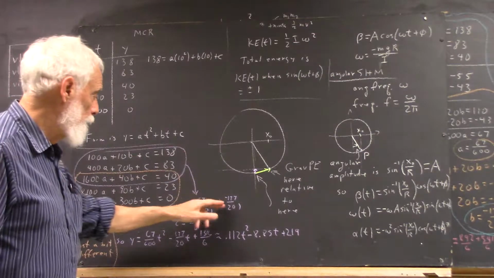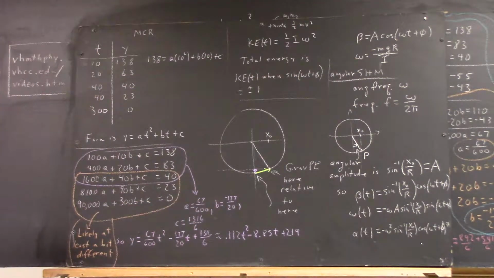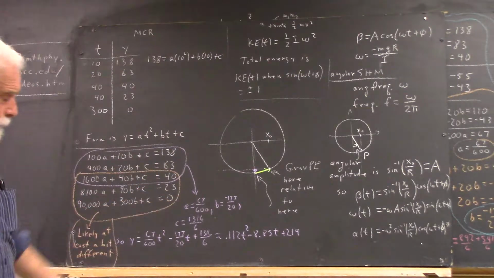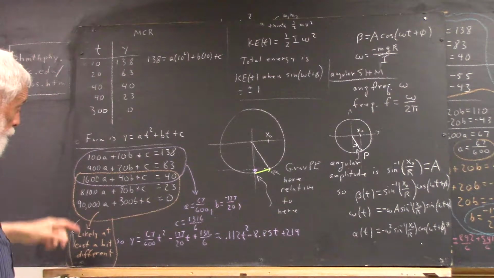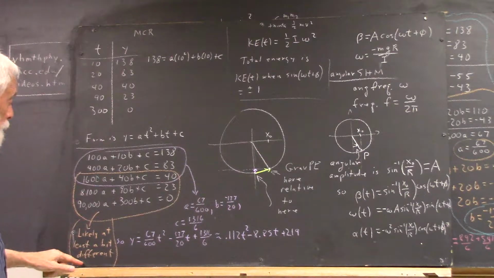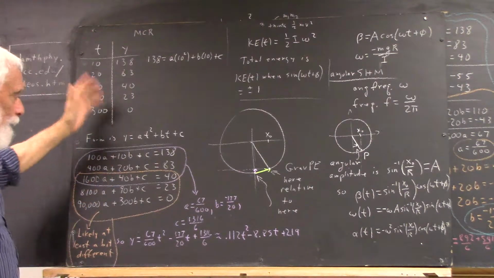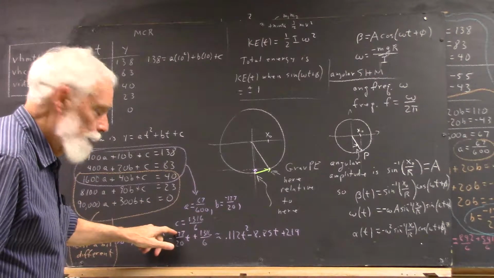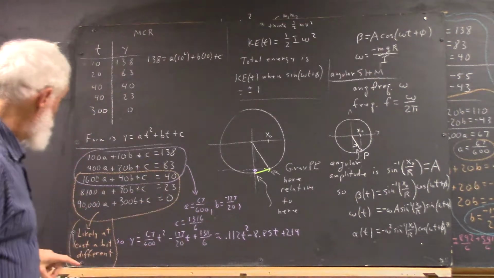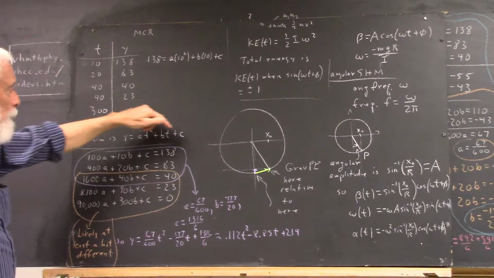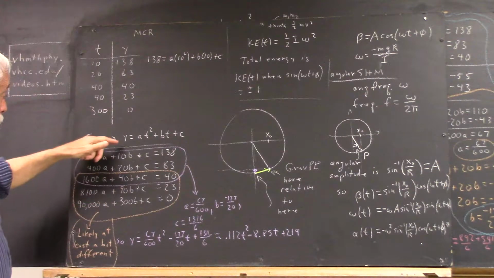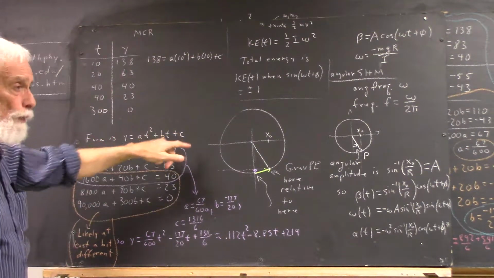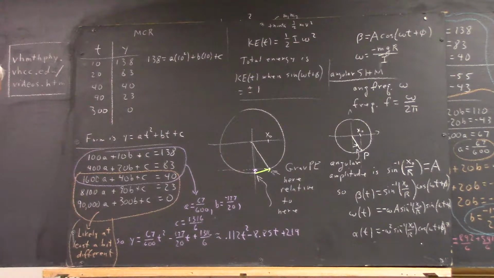So you would get different values of A, B, and C. And of course, with the 300 in there, you get very different values of A, B, and C. But even with the data that people actually took, we're likely to be at least a little bit off. In other words, there's uncertainty in all of this data. We're not going to get exactly the same values of A, B, and C, but if the quadratic model is really the right model for this phenomenon, we're going to get reasonably close values if we have good data, okay?